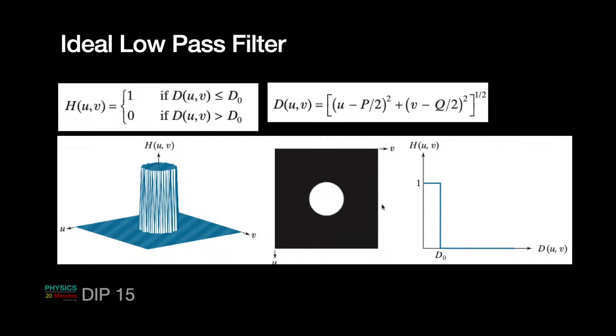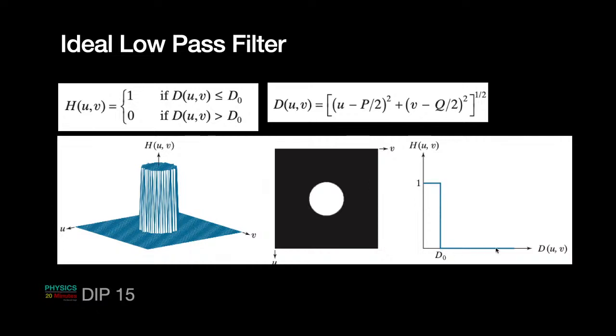The third way to visualize it is a graph plotted from the center as a function of distance. Before D0 it's all 1, so no change. After D0 it's all 0.